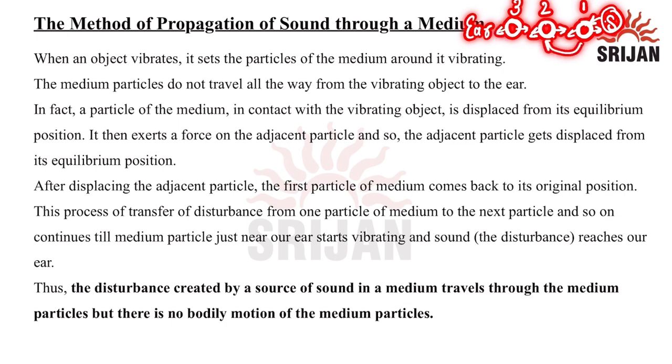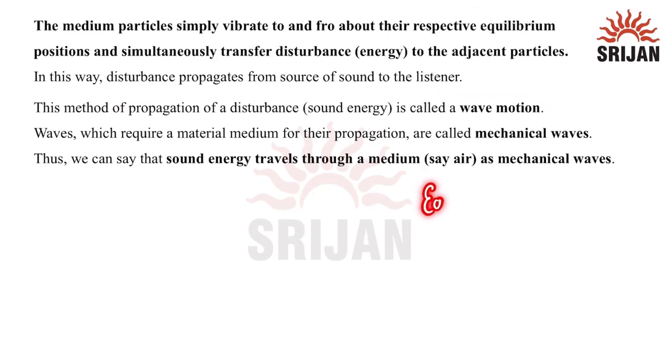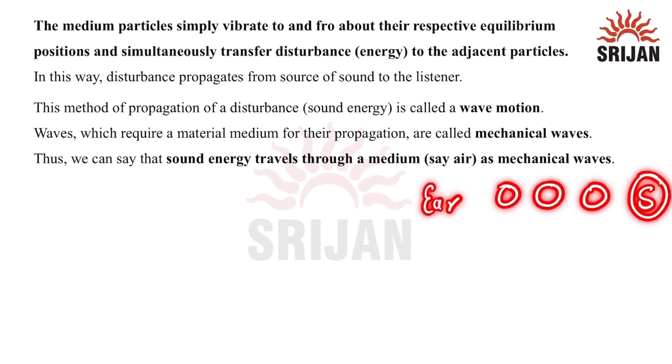Now, a particle is not moving from here to the ear, but it is making the adjacent one vibrate. And likewise, the last particle will make the eardrum vibrate, and hence we can hear the sound from this particular source. Now, again, we can say that this is our ear and this is our source. Now, this is the first particle, second, third particle, and so on.